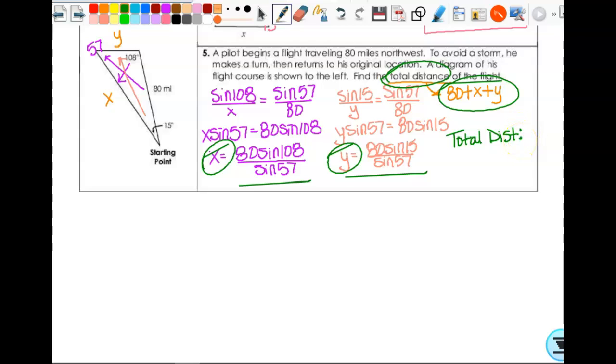I think on this one, it's easier just to type it in all at once. .409, and that would be miles, and that is your answer. So the accuracy of your final answer is very important. That's why you have to understand when you're allowed to round and when you're not.